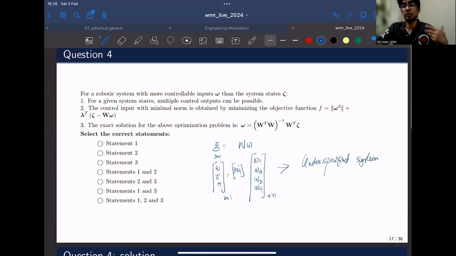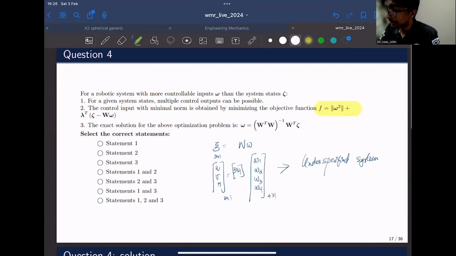Out of the multiple solutions, we prefer to take the solution that has the least norm, or the minimal norm. And we find the solution for minimal norm by minimizing this objective function, right? Minimize norm subject to the constraints. This is our primary objective.